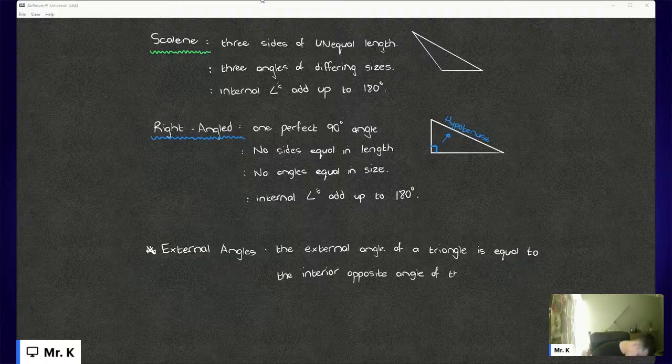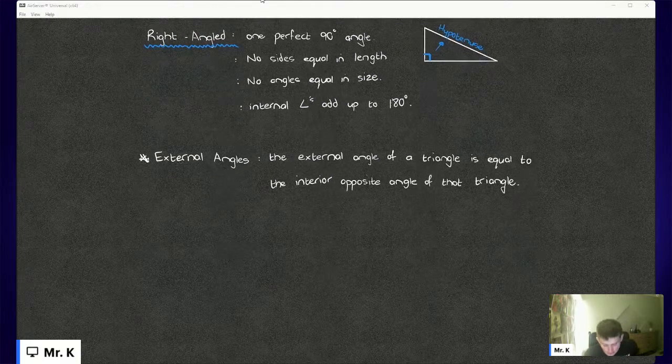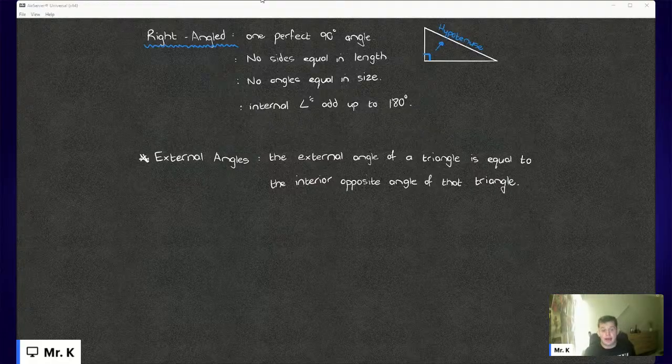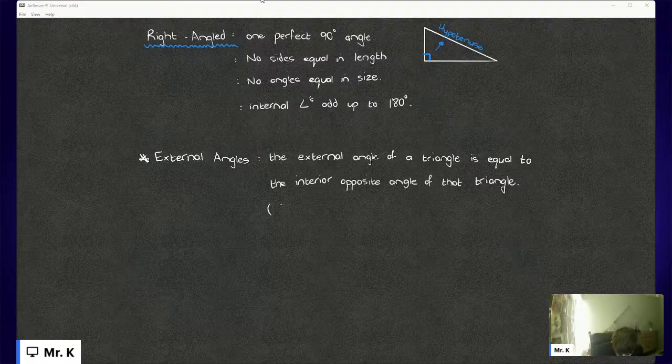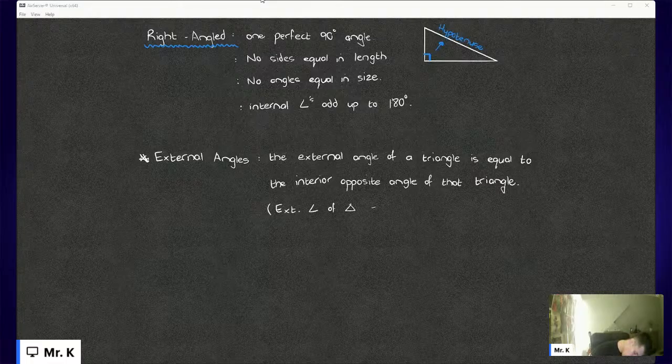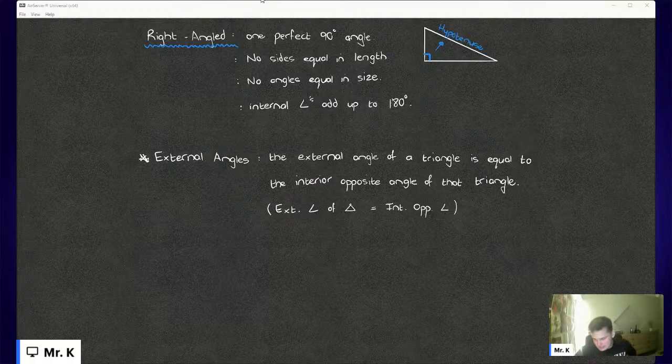of that triangle. Now, as you guys know, when it comes to the world of geometry, we are very fussy about our reasoning. Now, to write this sentence out over and over again does get a little bit irritating. So, we do have a shortened version when we need to write it down as a reason. We say that the external angle of a triangle is equal to the interior opposite angle. Okay, that is an official reason that you can use in a test or an exam.